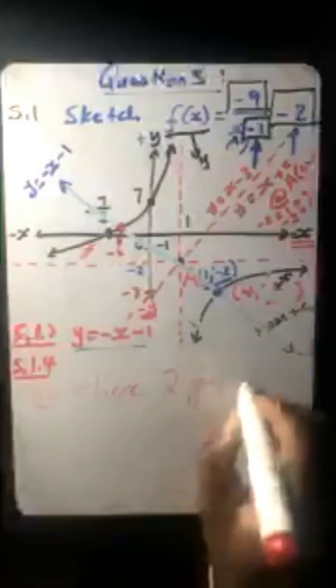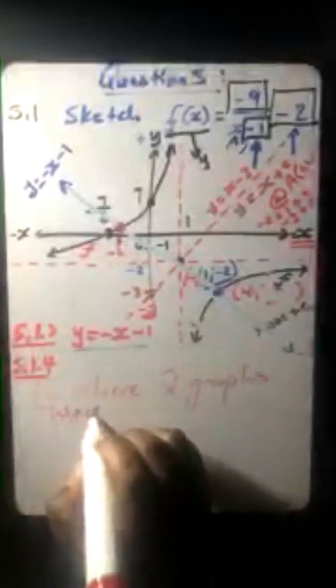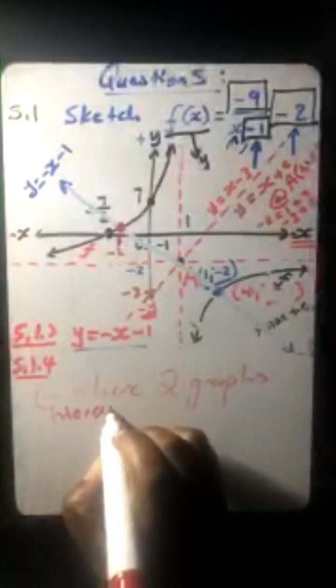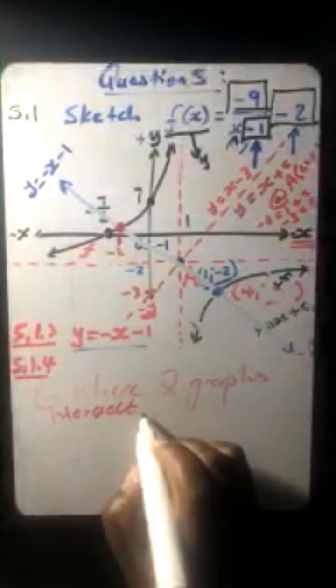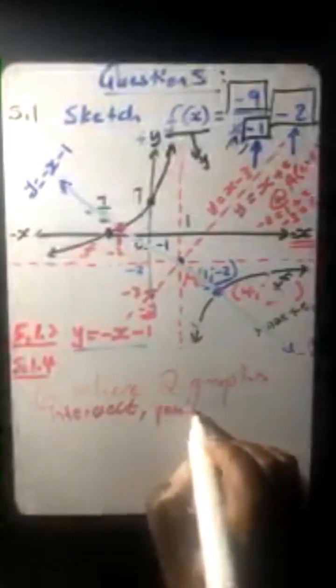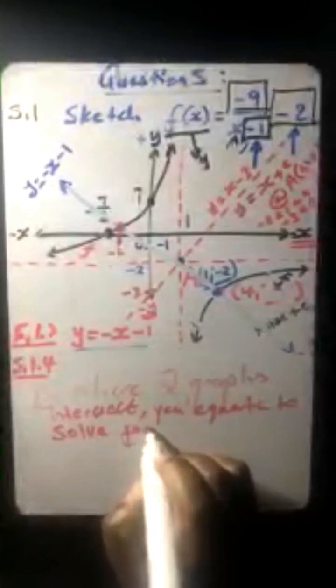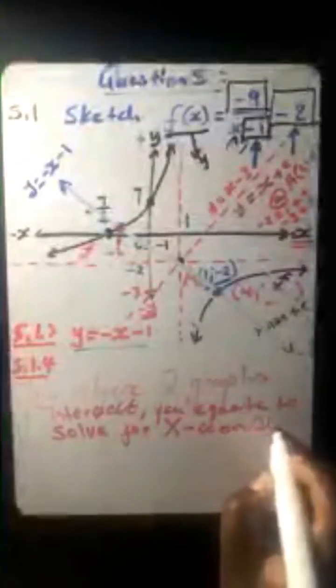At where two graphs intersect, you equate to solve for the x coordinate.